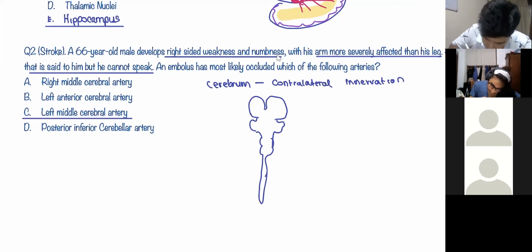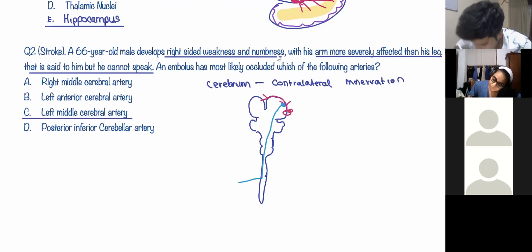Remember the homunculus? I have shown this in different ways. Remember the homunculus structure. So the patient has a problem like this. Okay, he has right-sided weakness.